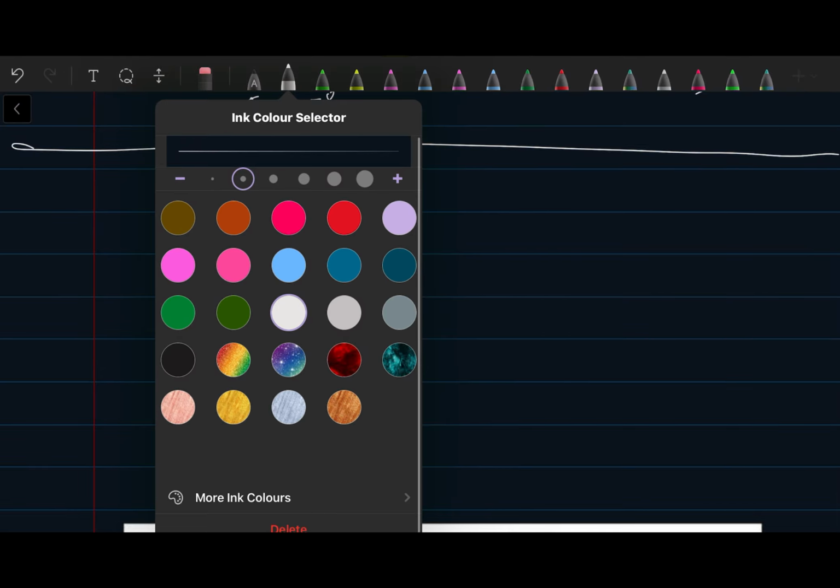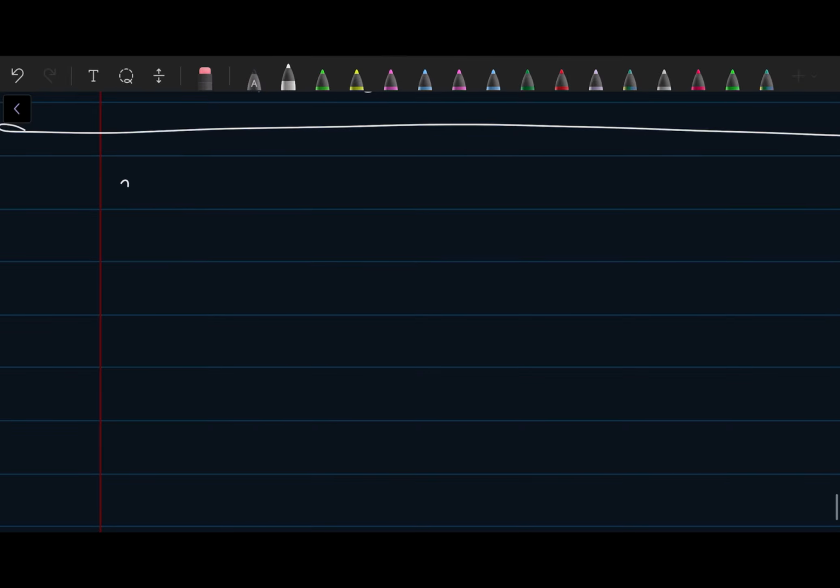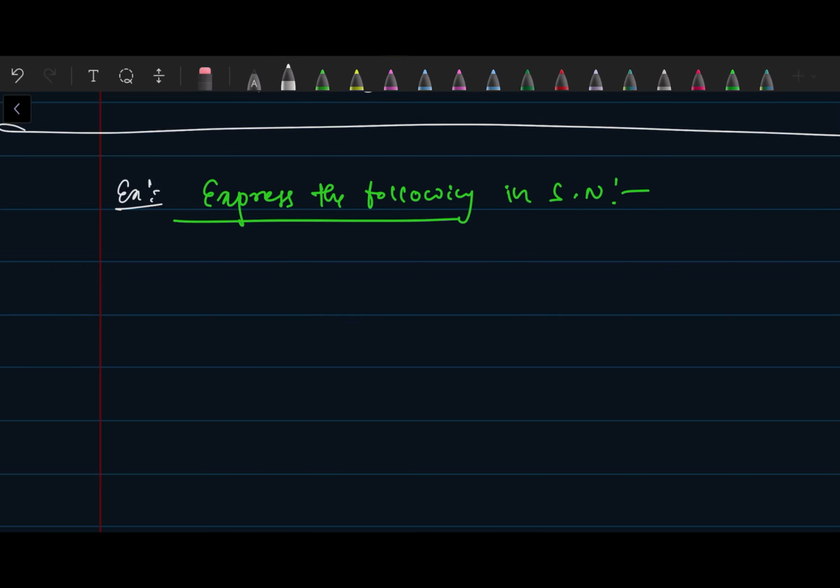Let's go for some more examples, then we'll understand. If they directly ask to express the following in scientific notation, what we'll do, if the question is like 1,25,000, convert into scientific notation means just simplify the value the way we want.